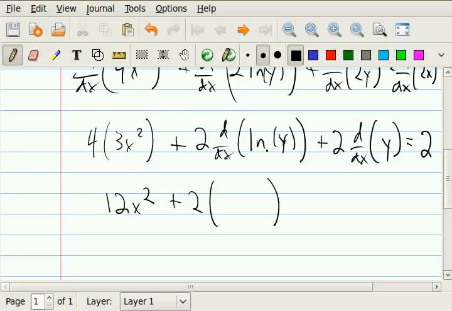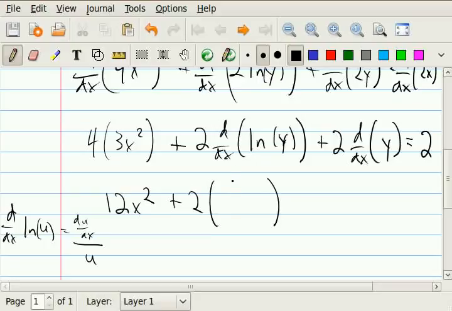We're taking the derivative of natural log of y with respect to x. So it's just that rule for the derivative of log of a function. The rule that we had said d/dx of natural log of u is the derivative of u over u. That's exactly the rule we use here, except instead of u, we've got y.